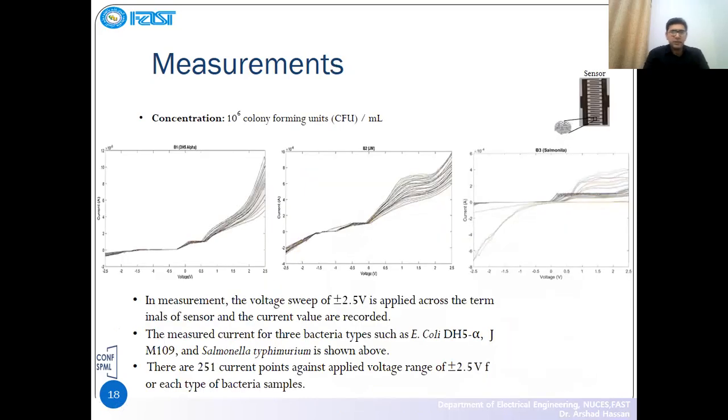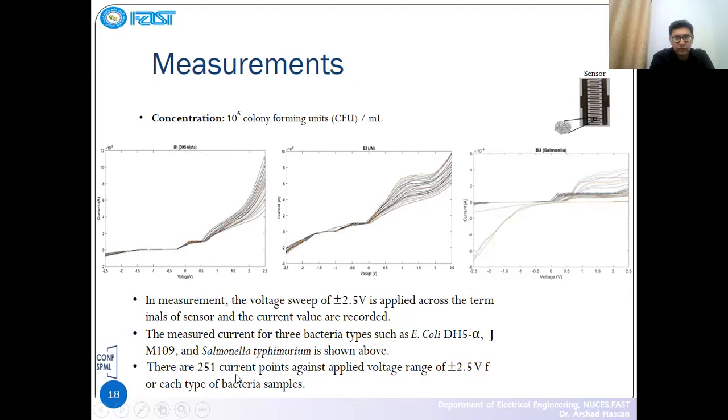So these are the measurements for 3 classes. On the left side, you can see DH5 alpha. In the middle, you can see JM109, and on the right side, you can see Salmonella. We have applied a sweep between minus 2.5 and 2.5 and recorded the current values for the 3 bacteria.